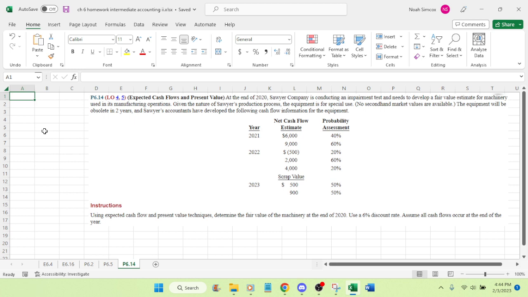Expected cash flow and present value techniques determine the fair value of the machine.